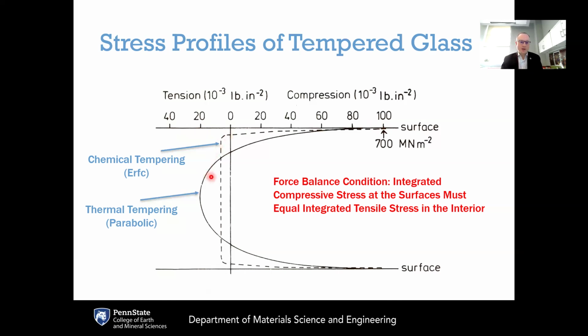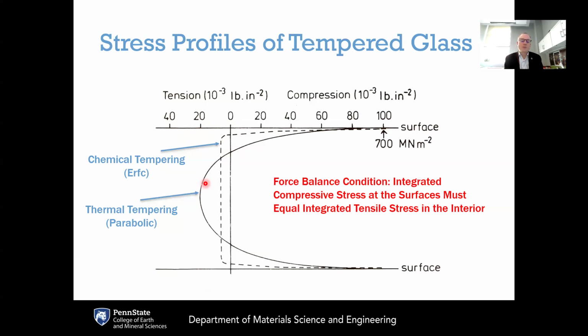Now, with thermal tempering, the amount of stress that you get depends on the thermal expansion coefficient of the glass, because this is based on a differential cooling between the interior of the glass and the surfaces of the glass, where that differential cooling translates into a differential strain between the interior and the exterior. And the magnitude of that strain is governed by the thermal expansion coefficient.